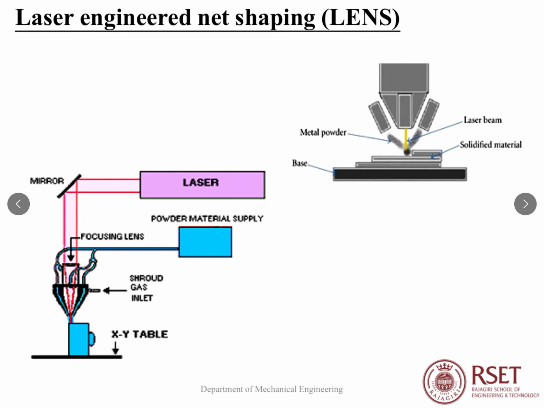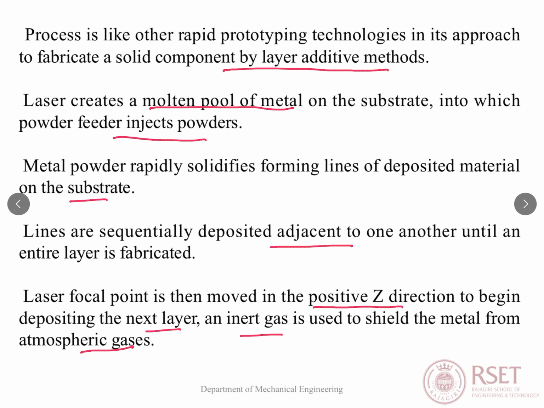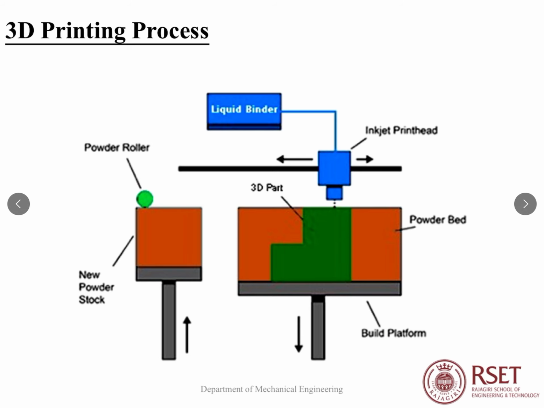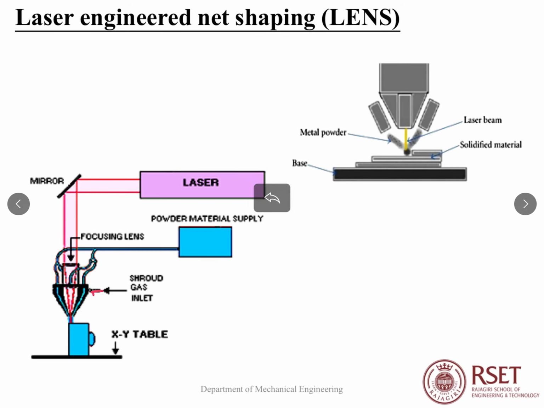So here we can see a nozzle or inlet, a supply for powder material, an inert gas source, and then the laser beam. So that's about laser engineered net shaping.